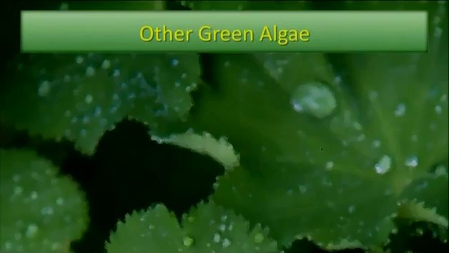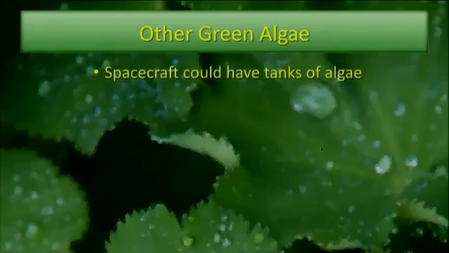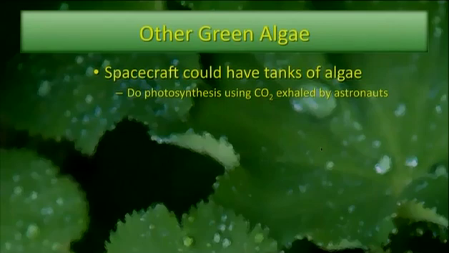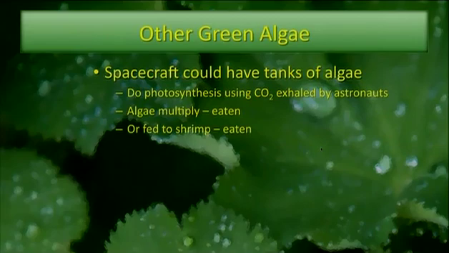So a spacecraft could have tanks of algae, and they do photosynthesis using the carbon dioxide that's exhaled by the astronauts. The algae multiply, they can be eaten, or they could be fed to shrimp, and the shrimp could be eaten, as a protein source.